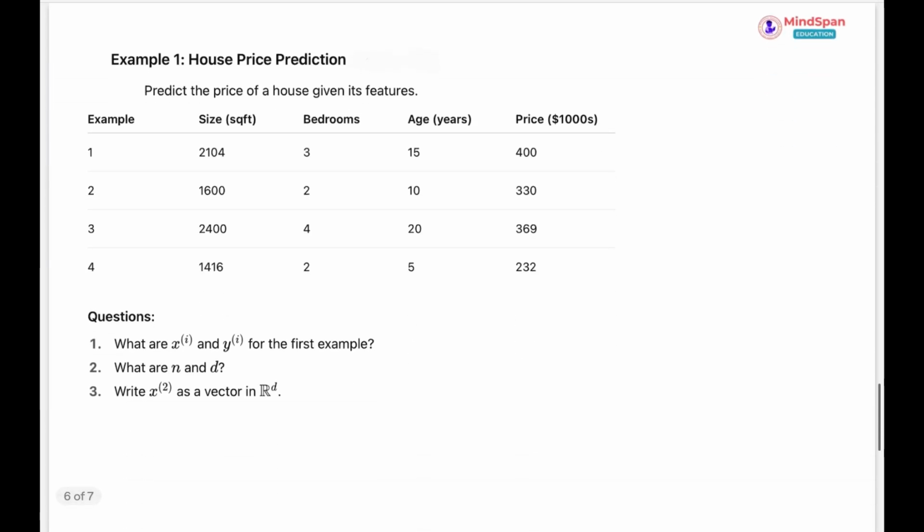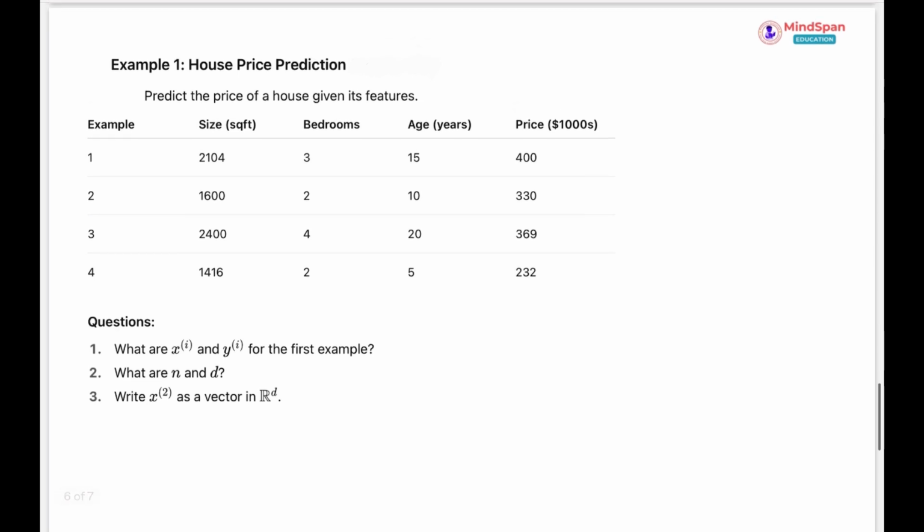So let's take this classical example that we were talking about. The very first question: again this is the example of house price prediction. Predict the price of a house given its features, right? So we have the features and this is the price.